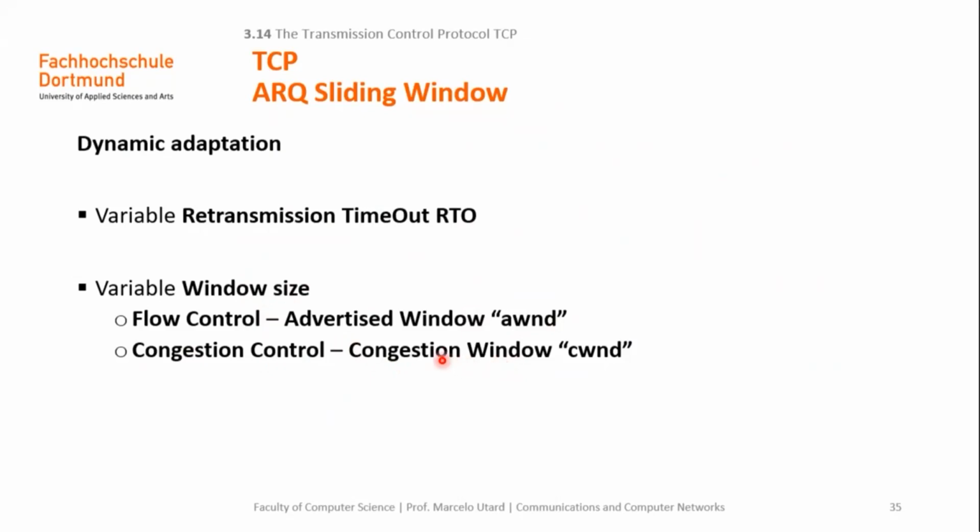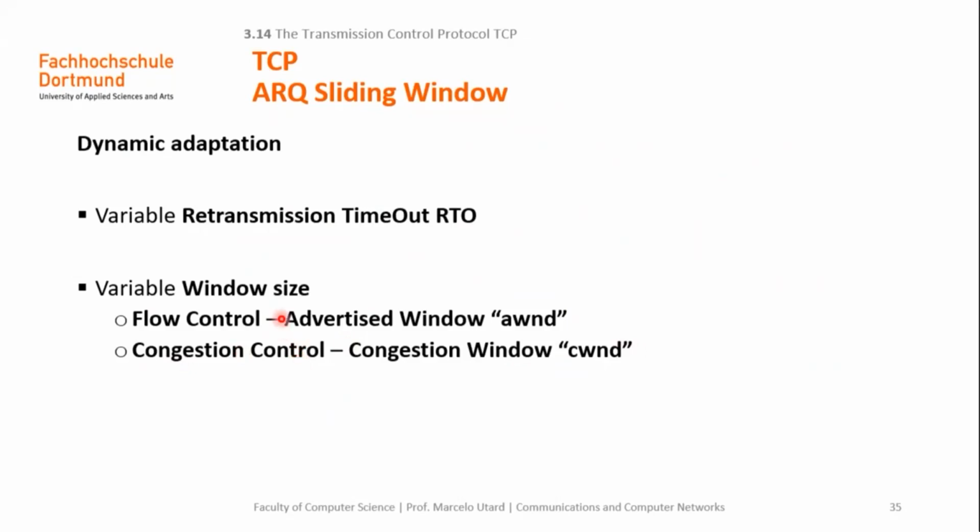The congestion window is a window that is calculated by the transmitter, but the transmitter calculates this window implicitly, interpreting the congestion state of the channel, of the network. And this, in fact, is used in the congestion control mechanism.